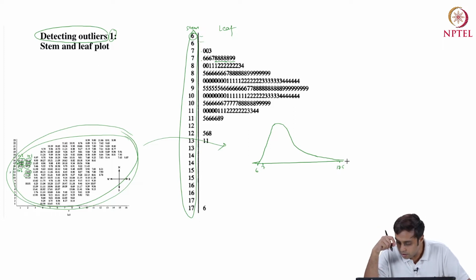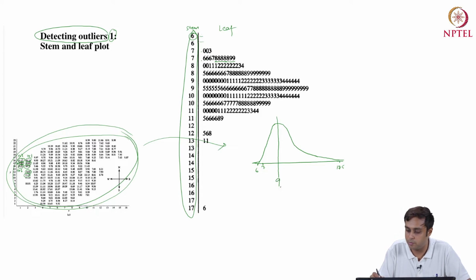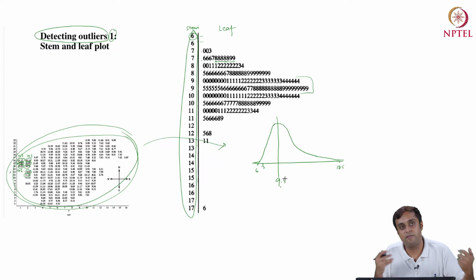Okay, so the mode and the median, one of the centrality measures, will probably be around 9 or 10, probably 9. I think that's where the height becomes the largest, right? 9 or 9.5 is probably where you will find the median of these data.